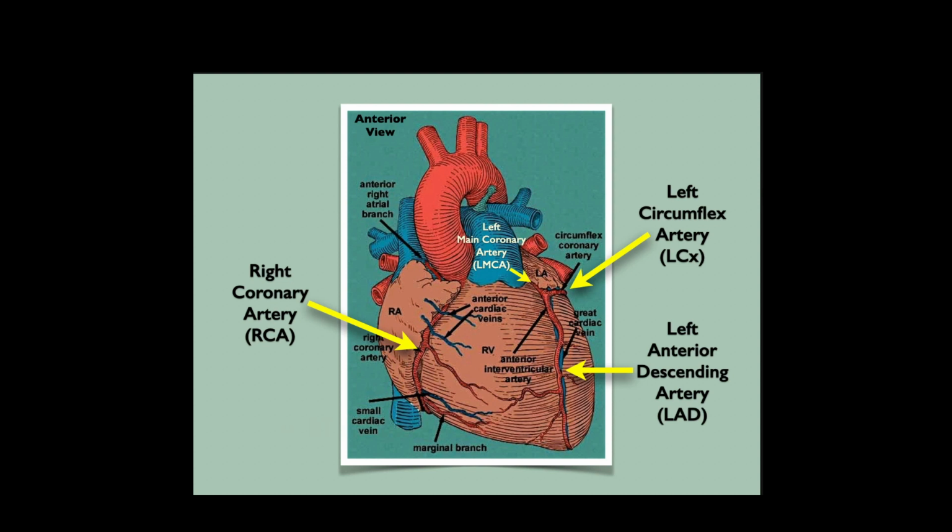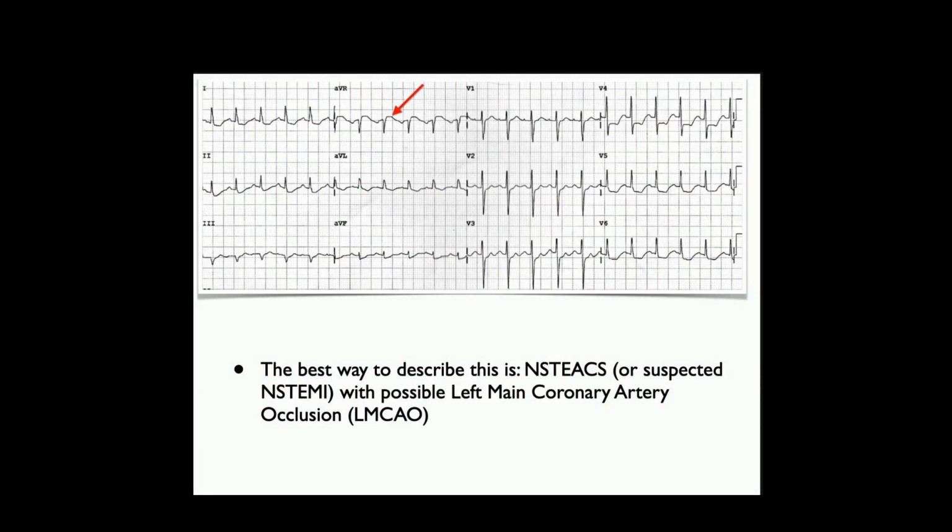Now notice when we say occlusion, that doesn't mean complete obstruction. If it was that, the 12 lead would be significantly different, okay? Let's go back and look at it. So here we have, again, significant, like, you know, 6 or greater leads with ST depression plus elevation in AVR.